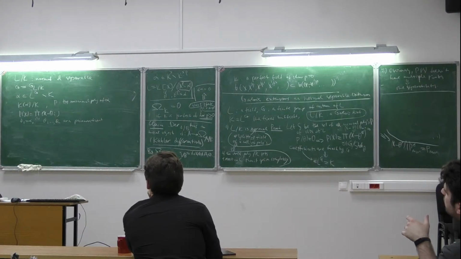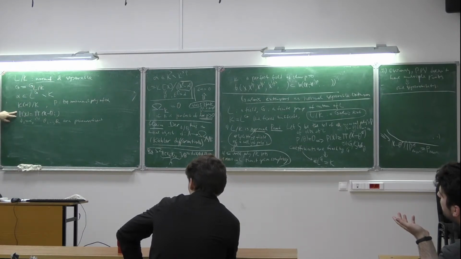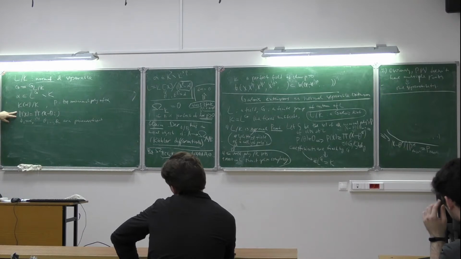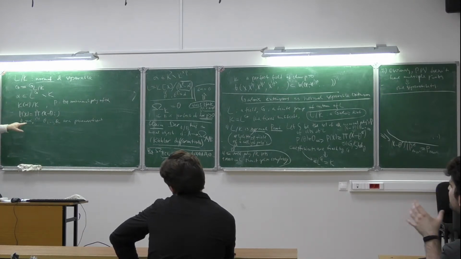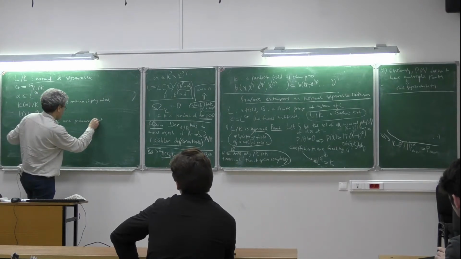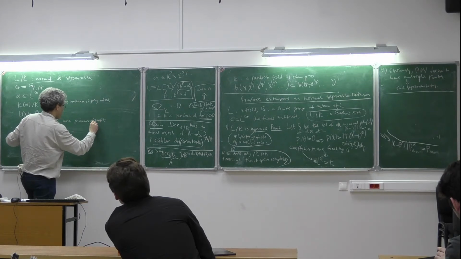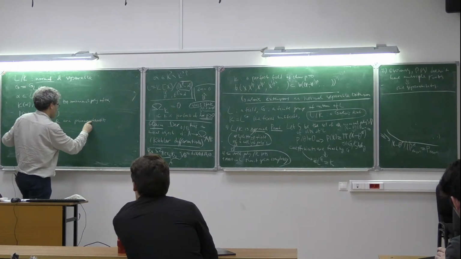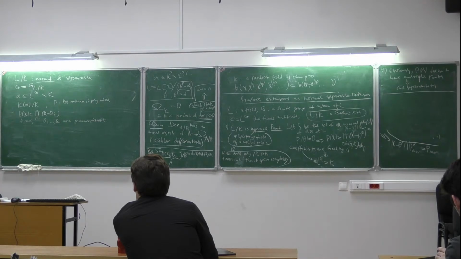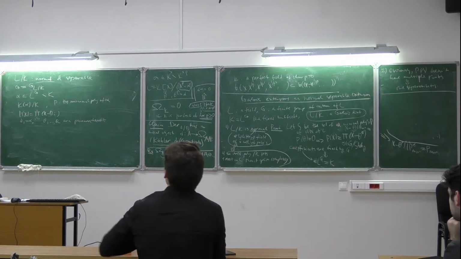These are just roots, and you see that our extension is normal. So this polynomial has roots that are distinct. Okay, so can this happen?